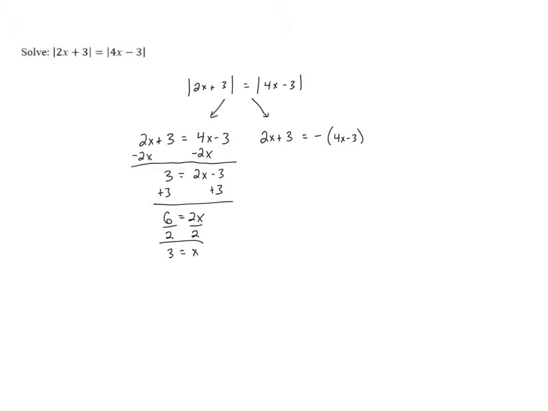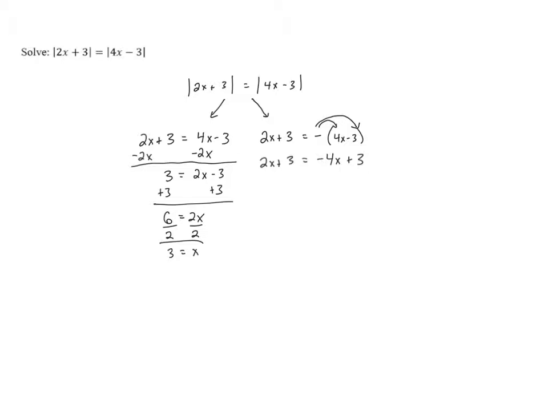And then in the other equation, we have to distribute this negative sign to both of the terms inside the parentheses. When we do that, that gives us 2x plus 3 on the left, and then negative 4x plus 3 on the right, because a negative times a negative is a positive.